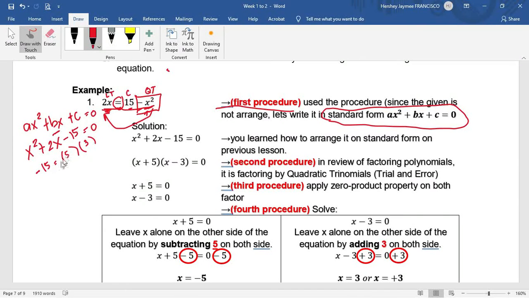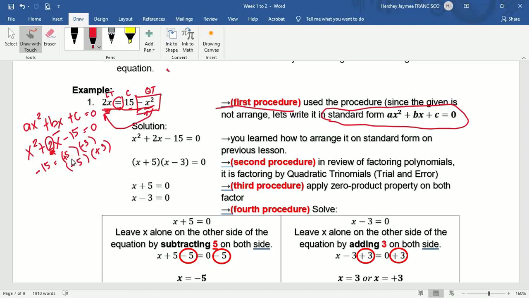Hindi. Magiging negative 15 lang siya kung either positive 15 ay positive 5 at negative 3 ang factor mo or negative 5 multiply by positive 3 ang factor mo. So, pili ka sa dalawang yan ang factor na kapag inadd mo silang dalawa, ang magiging sagot ay 2. Yung ito, 2.